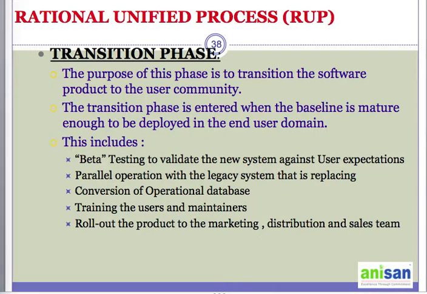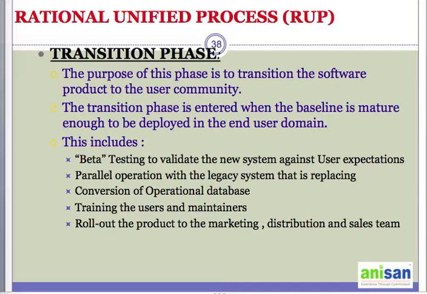Earlier people would say in colloquial language that transition simply means implementing or putting into the production environment, but that's not true anymore, because transition can happen in different ways.